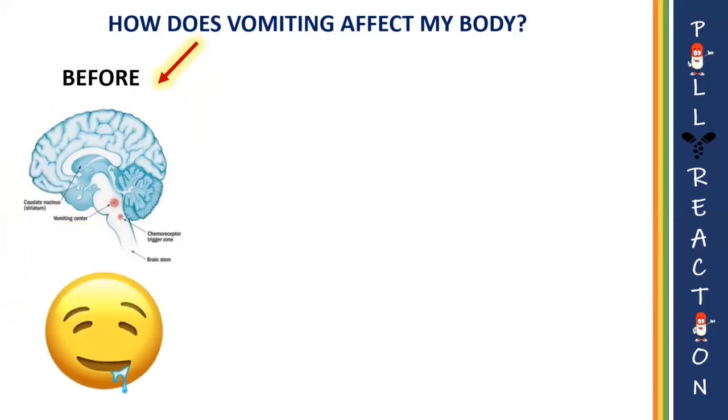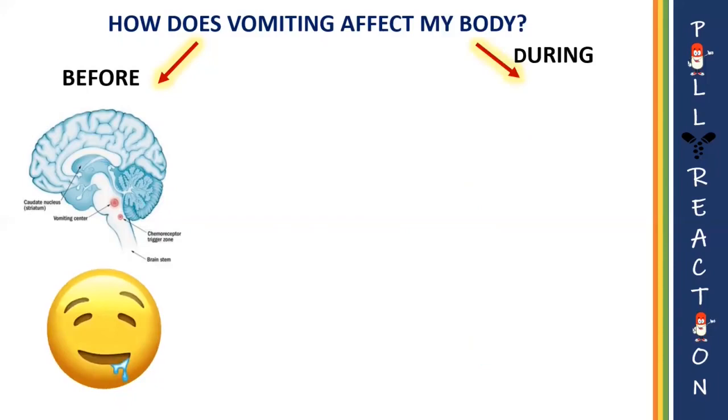Before you vomit, you may feel nauseous, become pale, and have cold sweats and an increased heart rate. These are some of the autonomic changes which take place in our body. Your mouth will also produce extra saliva. Why? Have you experienced it? Yes, just to protect your teeth from the incoming acid.